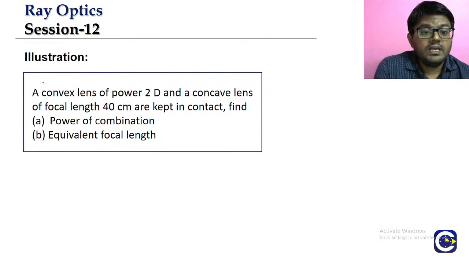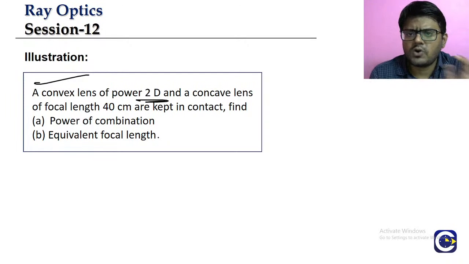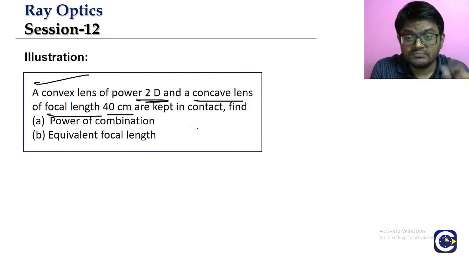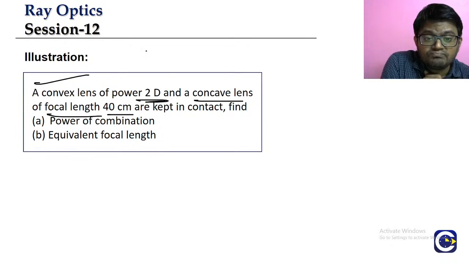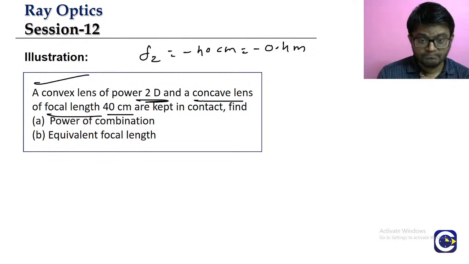Look at this one. A convex lens, power 2 diopter. Remember, convex lens focal length will be positive, so power also will be positive. And a concave lens, focal length 40. By our sign convention, the focal length of the concave lens we have to take as minus 40 centimeter or minus 0.4 meters.